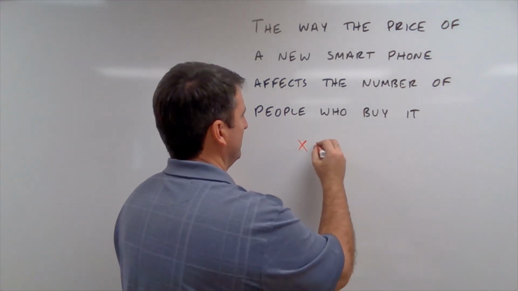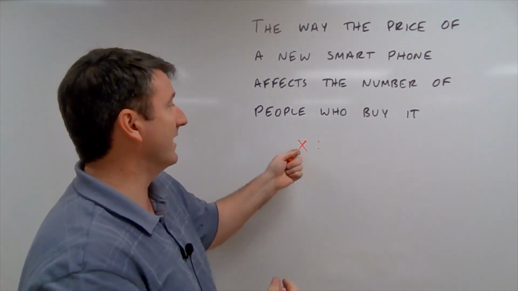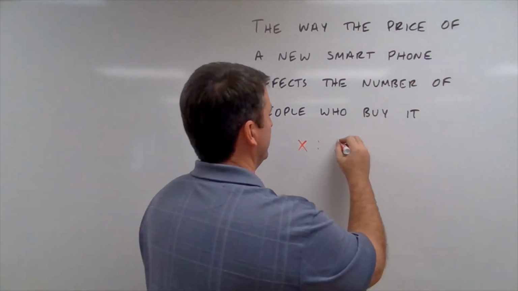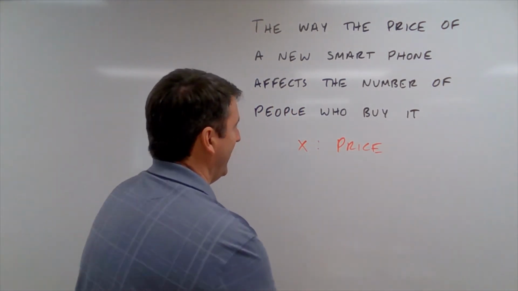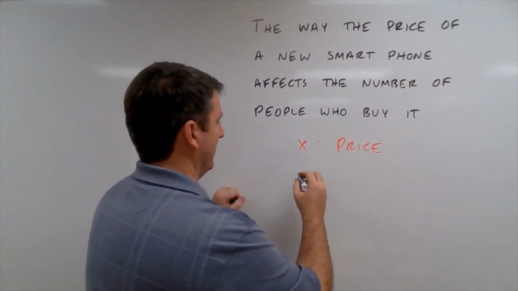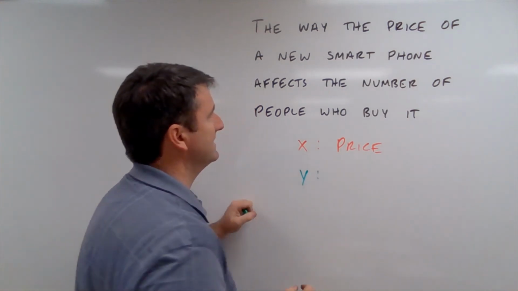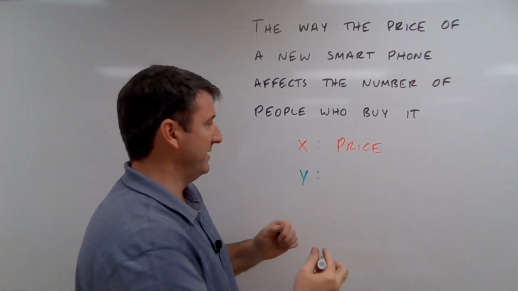I'm just going to call that X. So our independent variable X is going to be the price of the smartphone. And then our dependent variable, which we'll call Y, is going to be the number of people who buy it.